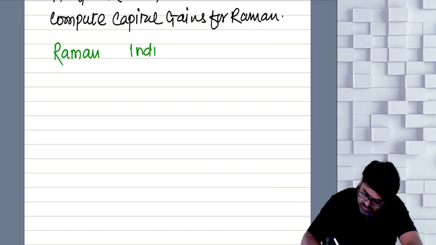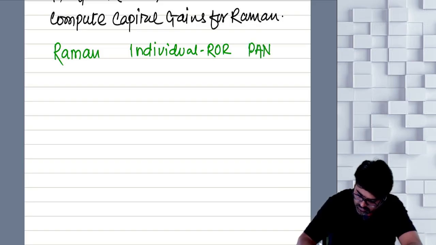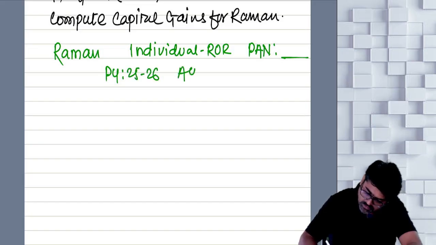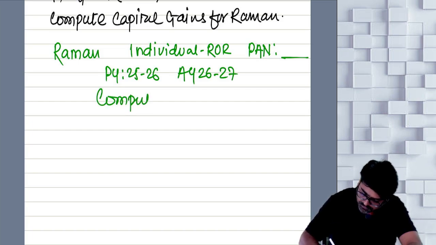Raman is an individual, resident, PAN is dash. Previous year 25-26. Assessment year 26-27. And computation of capital gains.